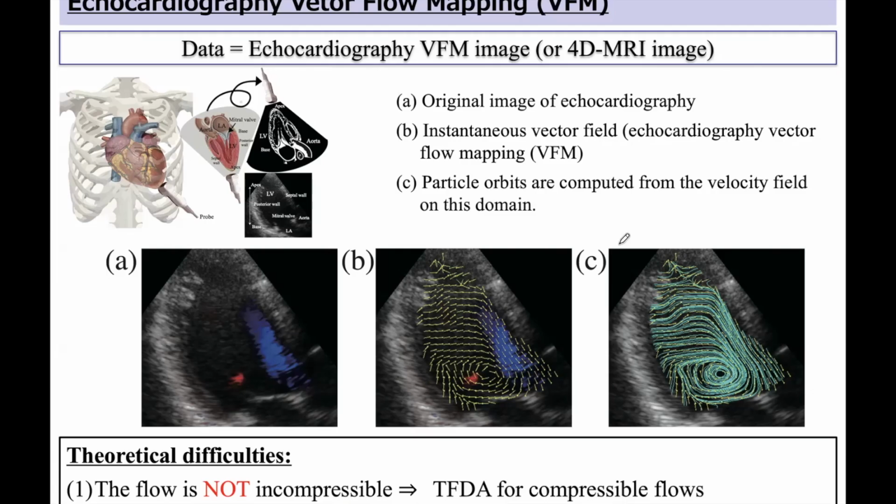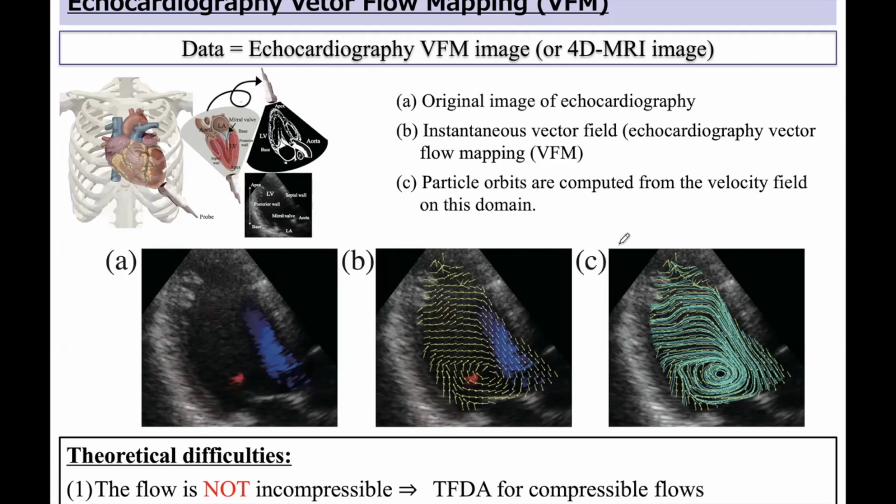But the application of the TFDA for the structurally stable Hamilton vector field is no longer applicable, for two technical reasons. One is that the flow in this section is no longer incompressible, so we have to extend the TFDA theory for compressible flow.